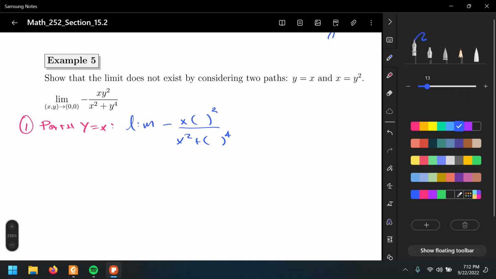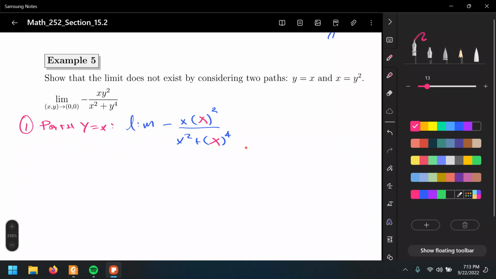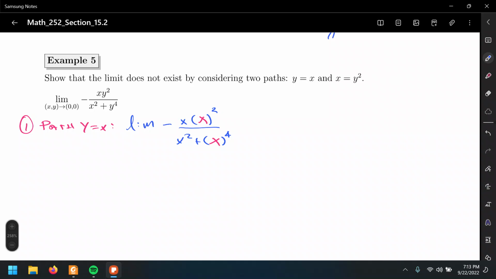What is that quantity that we square and raise to the fourth respectively? Well, x. And in this case, because we are replacing y with some expression, the two variable limit becomes a single variable limit. In this case, x equals 0.